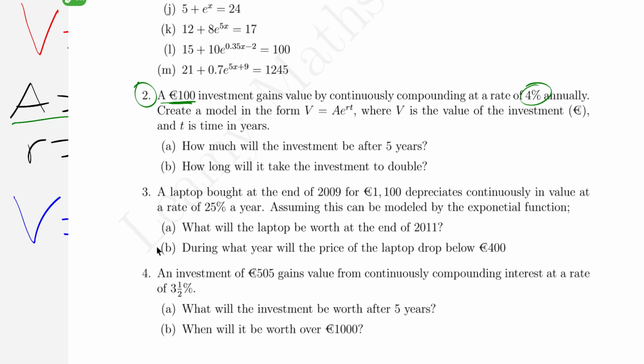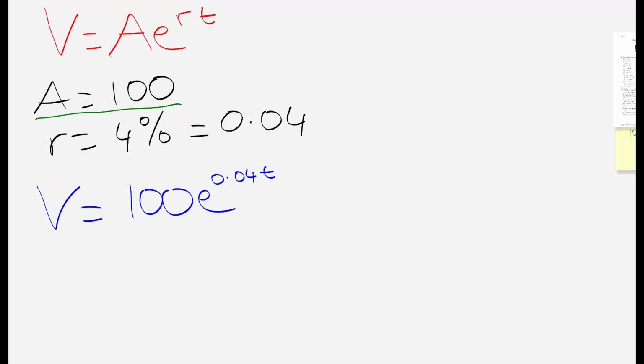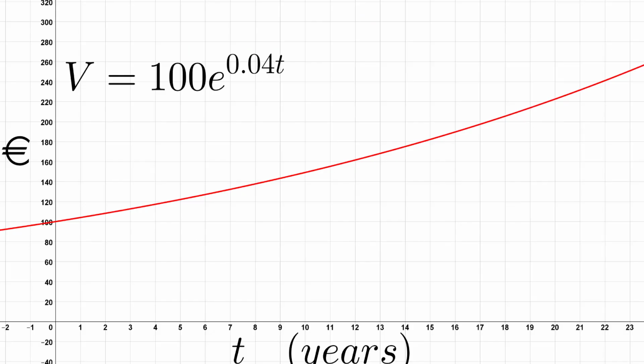So I was asked, how much will the investment be worth after 5 years? That's what I'm interested in. So we have the function V = 100e^0.04t, and we're interested in figuring out what is the value of V when t equals 5.